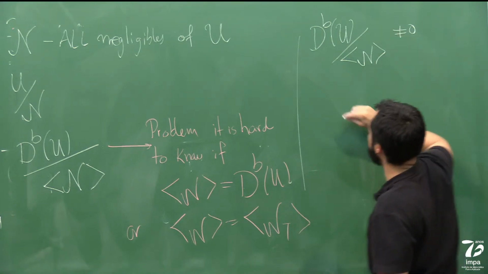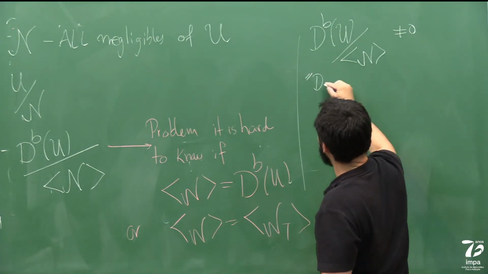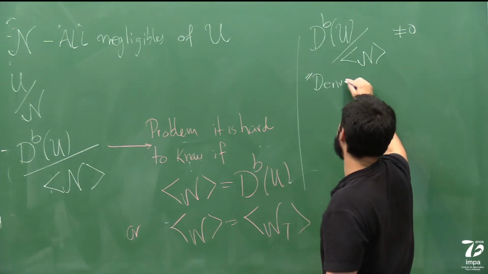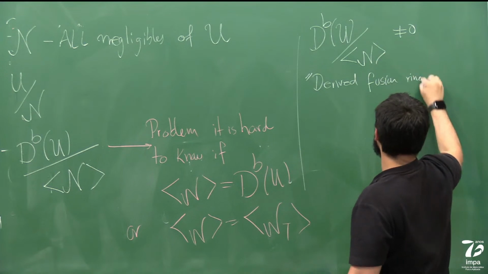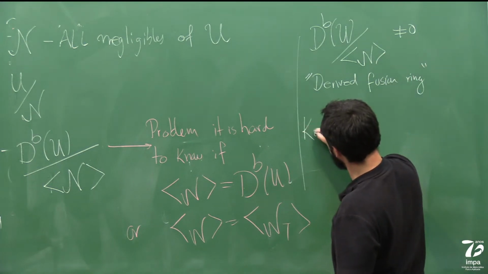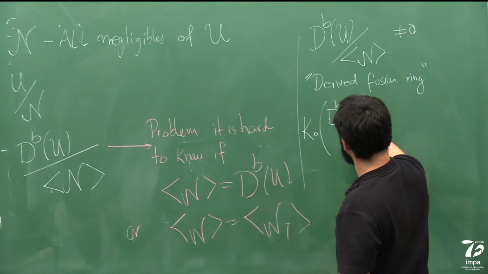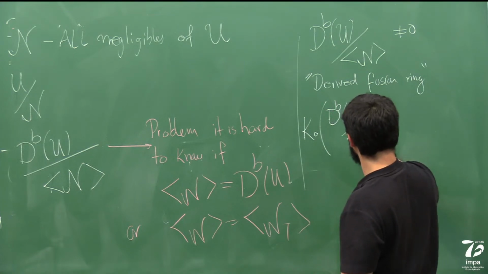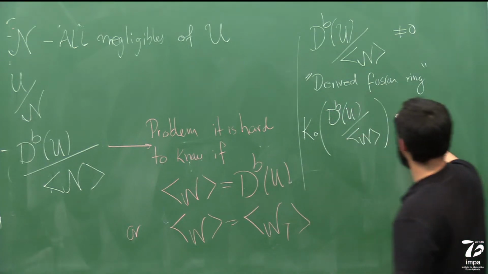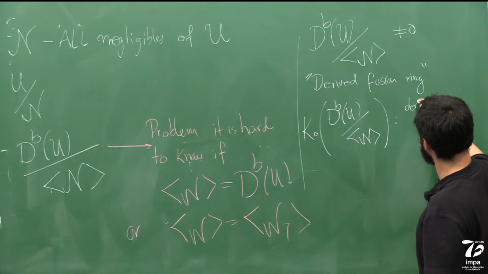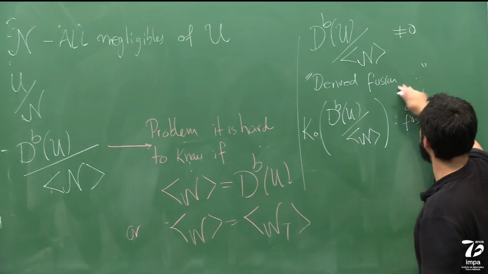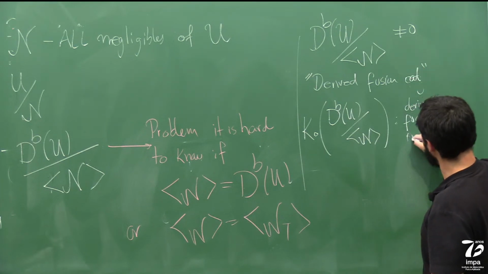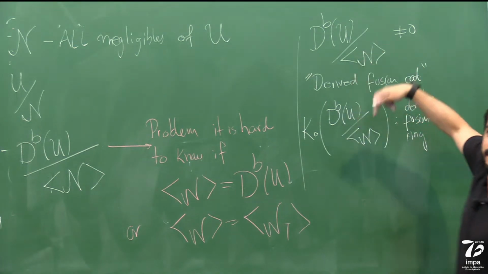If this is different from 0, it's the analog of a derived fusion category, and its Grothendieck ring is like the analog of a fusion ring. Sorry, this is a category. This one is a ring.